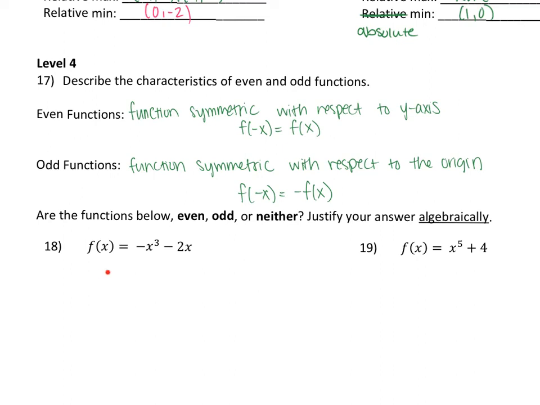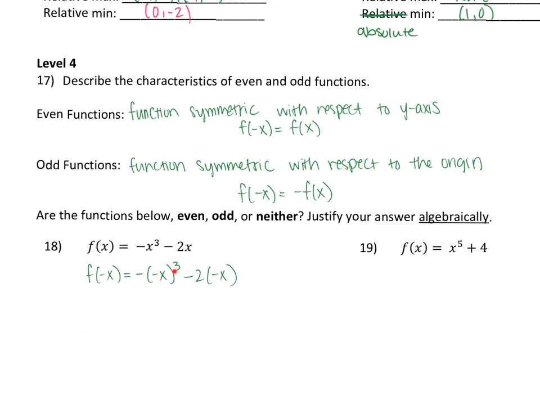And so let's use these two examples to show how you can test if it's even, odd, or neither. So in this case here, notice that I've given you the positive function. We're going to figure out what is the negative function. So if I were to plug in negative x, I have to plug each one of these a negative x, so that would be negative x cubed minus 2 times negative x.